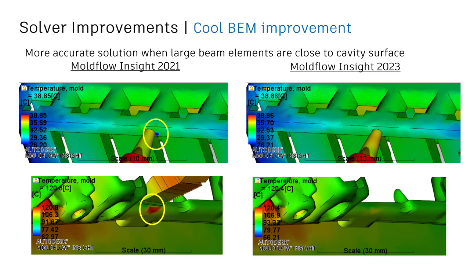Another representation improvement would be a cool BEM improvement. What does it mean? In earlier versions, wherever there was a cooling line or beam elements close to the part, like you see on the left hand side of the screen, it would create cold spots or hot spots, and that effect has now been nullified or improved in Moldflow Insight 2023.